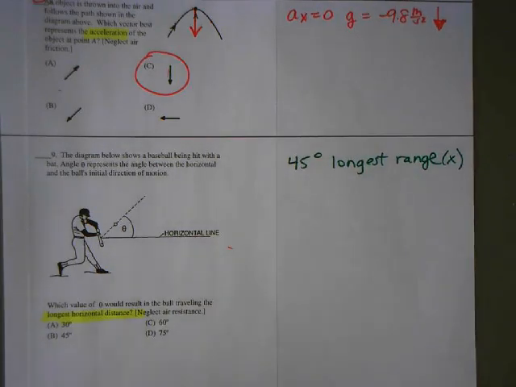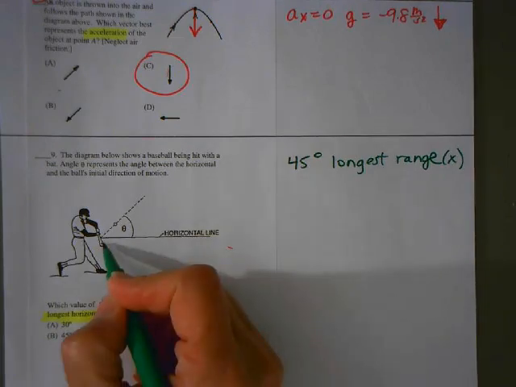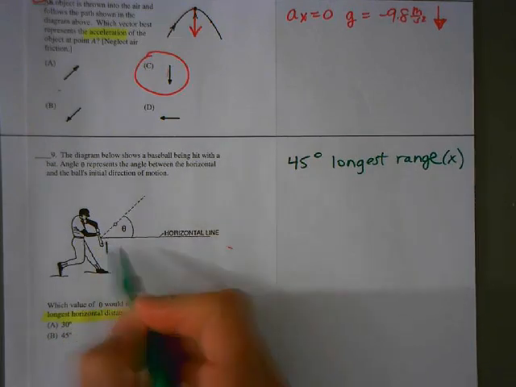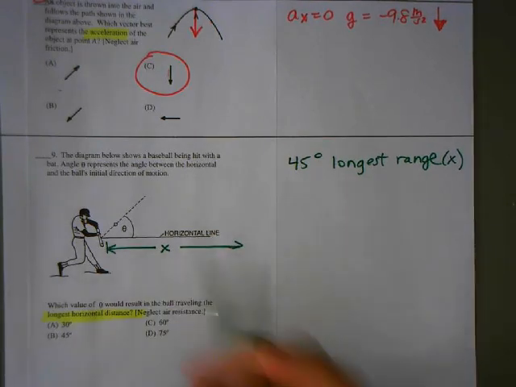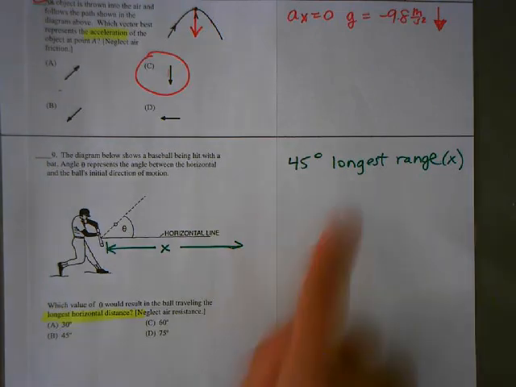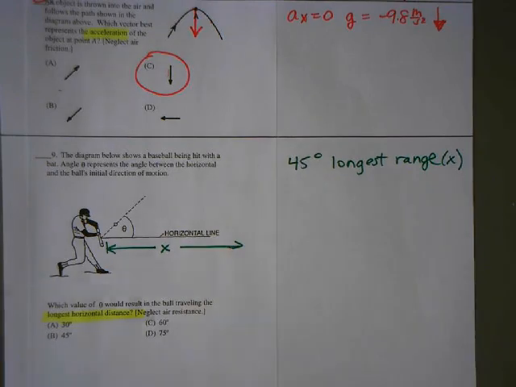Okay. So when we're looking at this, again, the longest, that's what they're asking for. So we know 45 degrees goes the longest. And that's for projectiles launched at an angle.